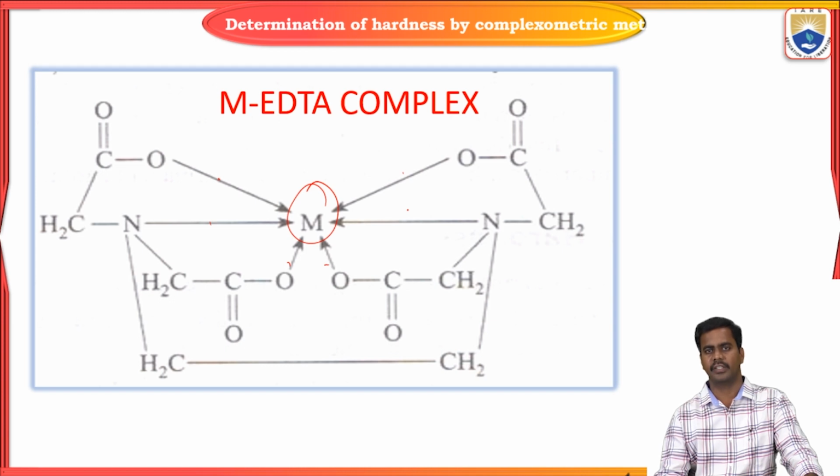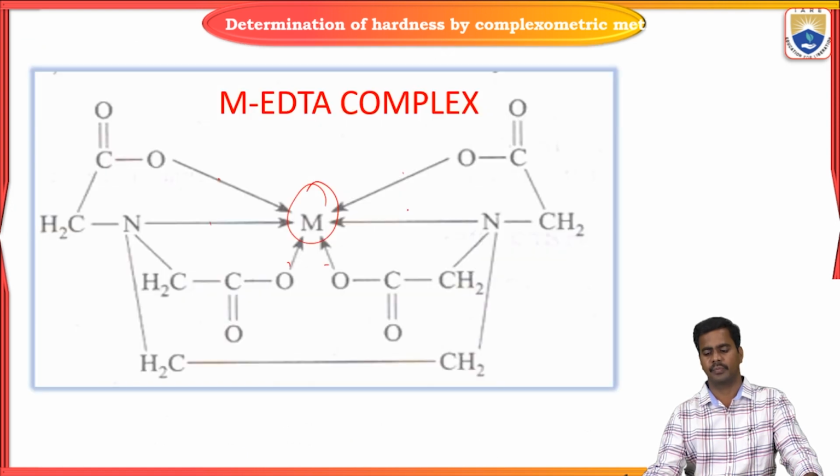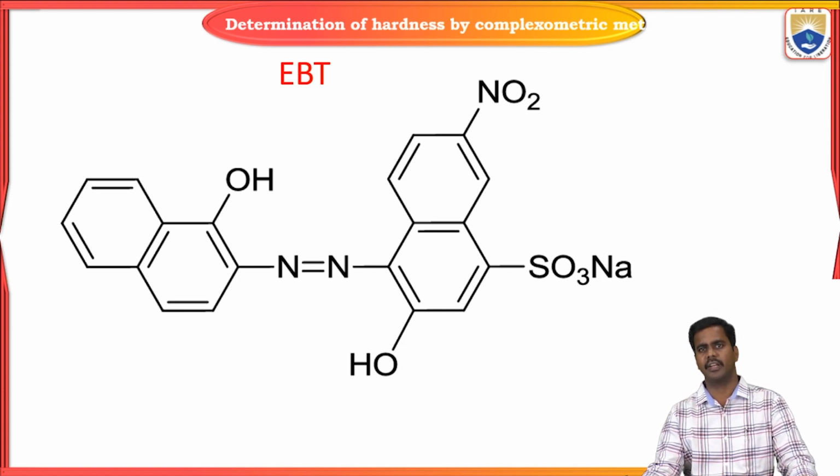Okay. Next, going to the procedure: how we can estimate the hardness of water by using EDTA. Before going to that, complexometry is nothing but a titration method. First we have to know what a titration is.